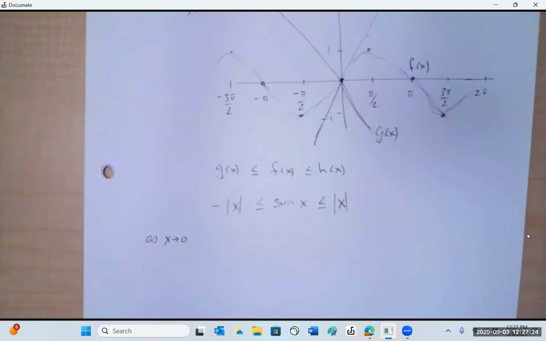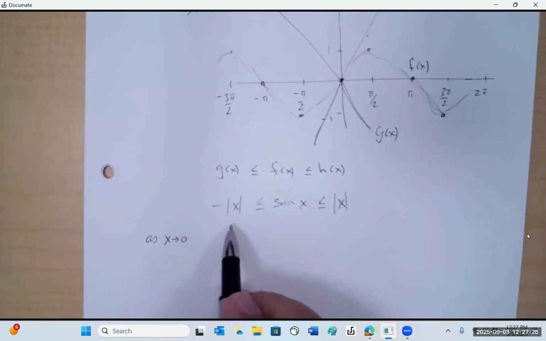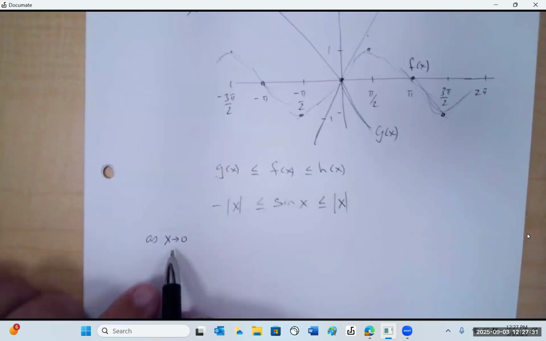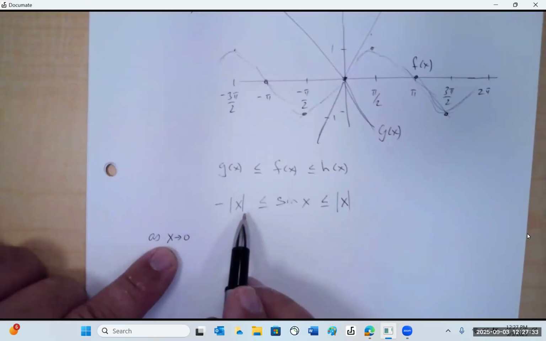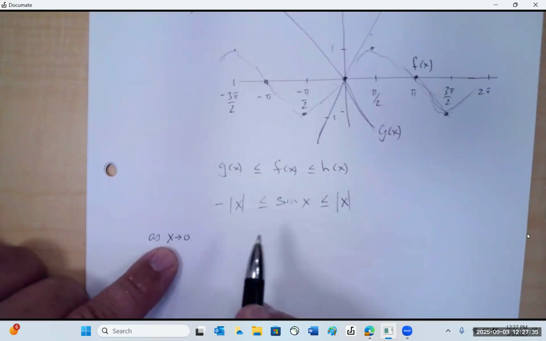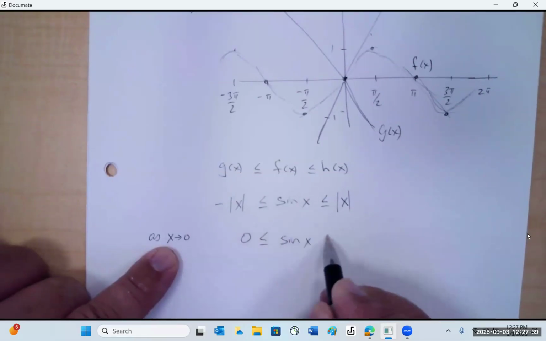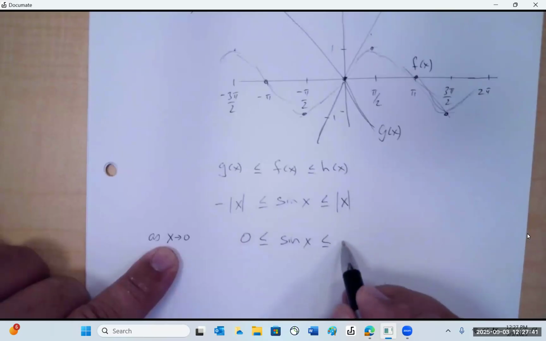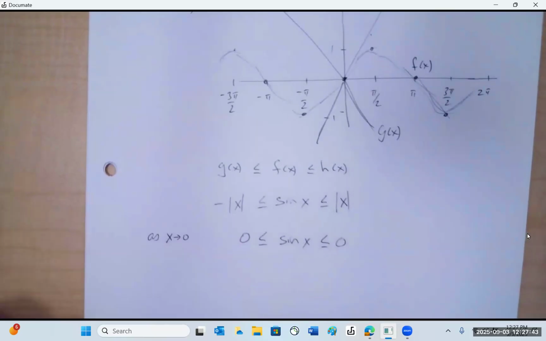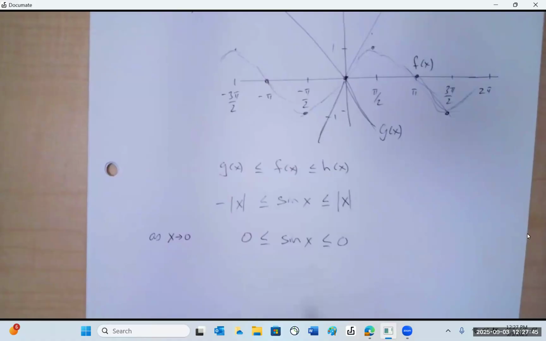What does this become as x approaches zero? What's the negative absolute value of zero? What's the absolute value of zero?